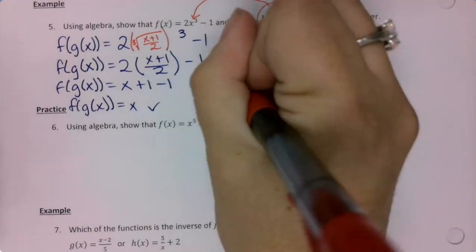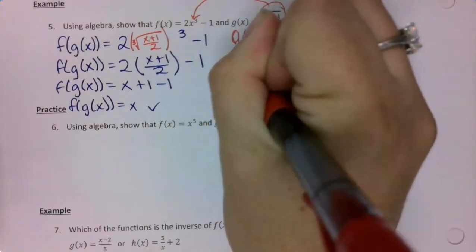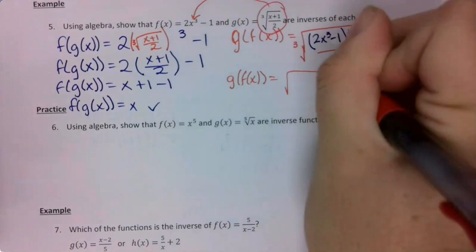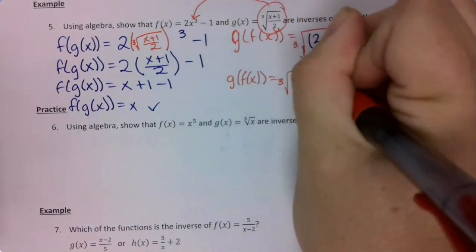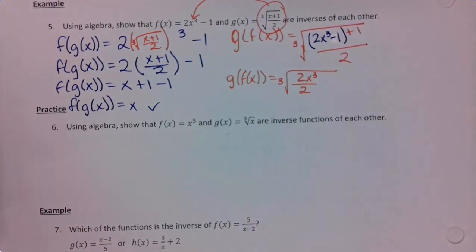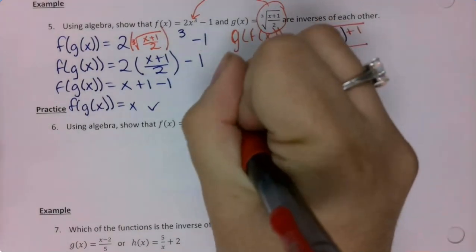The 1's cancel. So I'm just left with 2x cubed divided by 2. So the 2's divide out.